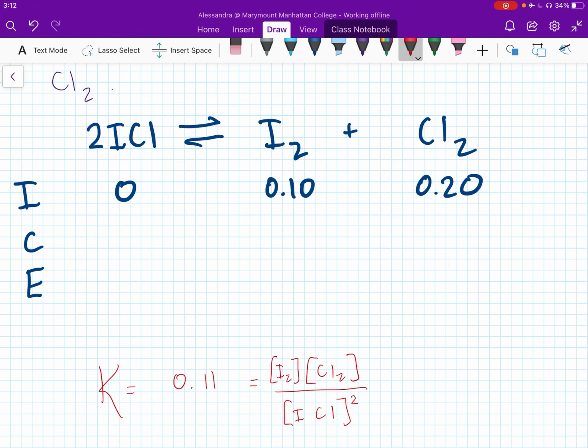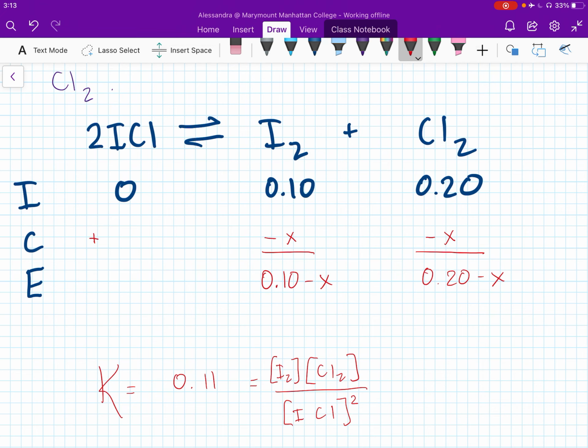Now, we are going to be losing some amount of iodine and the same amount of chlorine since those are in a 1-to-1 ratio. So the equilibrium concentrations of those are going to be 0.10 minus x and 0.20 minus x respectively. Now, on the other side, we're going to be gaining iodine monochloride.